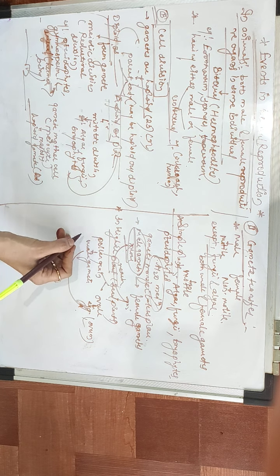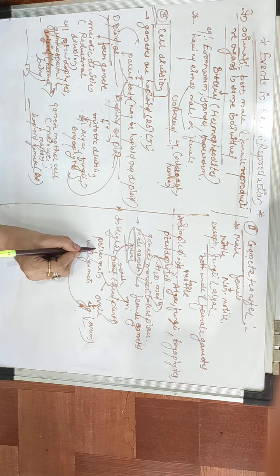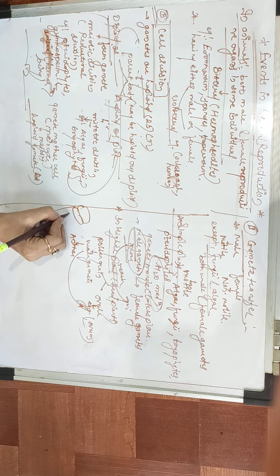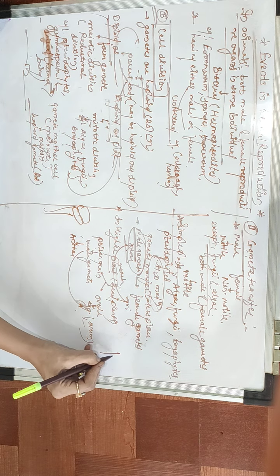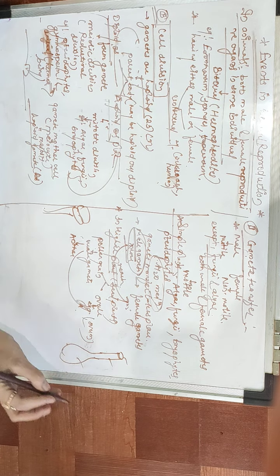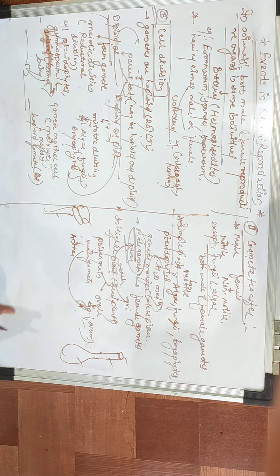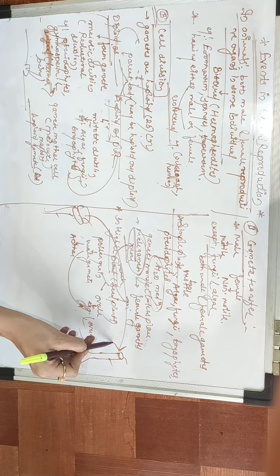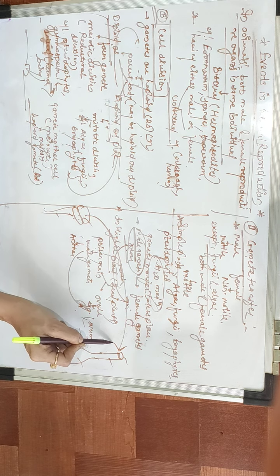So how does it transfer? Pollen grain must be transferred from the anther. Here the male part is the anther, you can see this. And the female part is the stigma, style, ovary; here are the anther and filament. So the pollen grain must be transferred from the anther to the stigma to facilitate the process of fertilization, right?